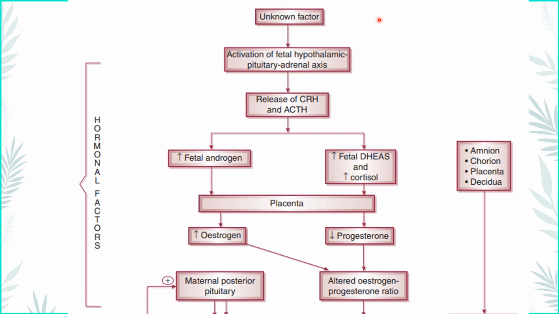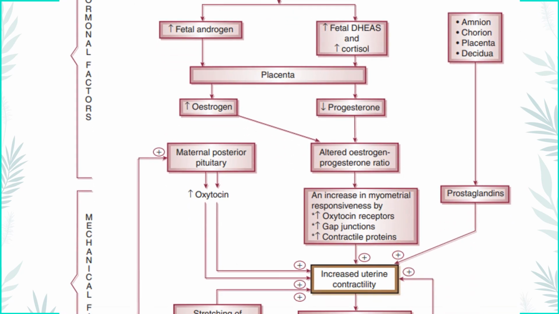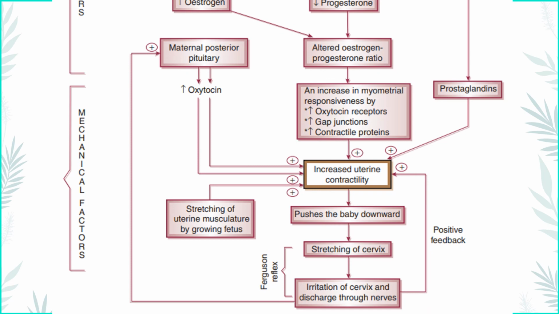The prostaglandin enhances the force of oxytocin induced uterine contractions. And then the mechanical factors that increase the contractility of the uterus.